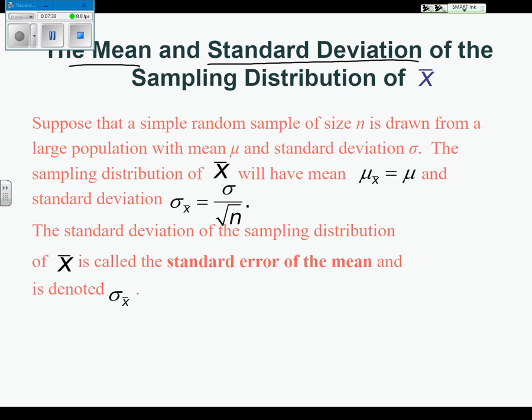So if I'm looking for the sampling distribution of X bar, my mean, as you just saw in the previous penny example, is not changing, all right? Whatever the mean weight is of 1 penny, I expect to get that if I weigh 5 pennies and average their weight, or if I weigh 20 pennies and then average their weight. The standard deviation, you saw, got smaller. And here's how we are going to compute standard deviation.